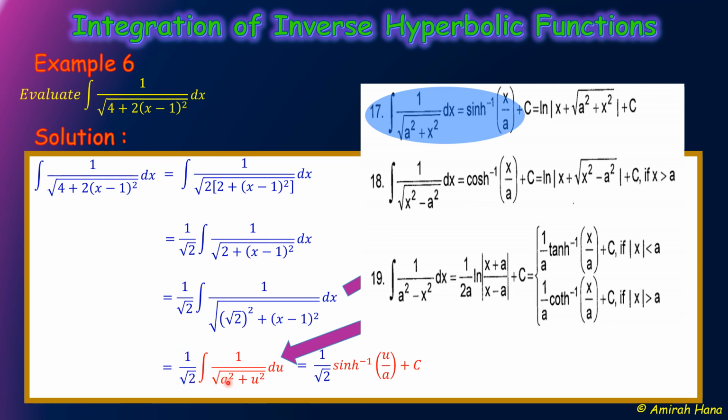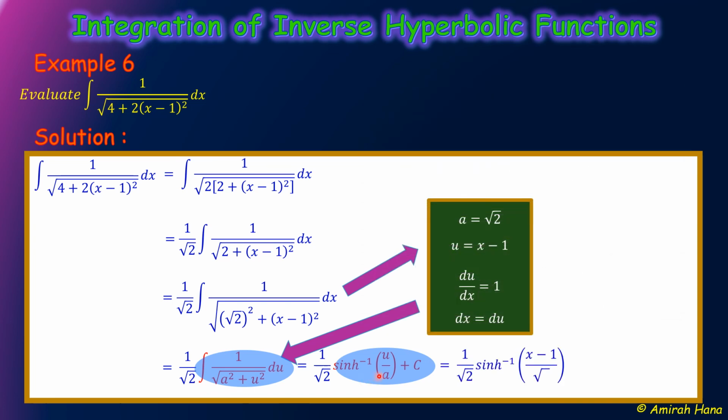1 over root 2 integration of 1 over root a squared plus u squared du equals 1 over root 2 inverse sinh u over a plus c. Okay, because now our x is u, so we can write u over a. Here, we replace this integration into the form of inverse sinh.